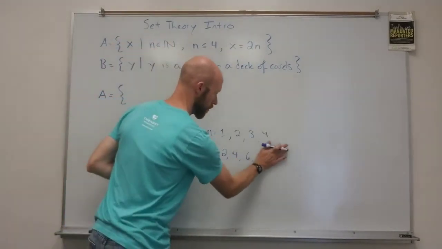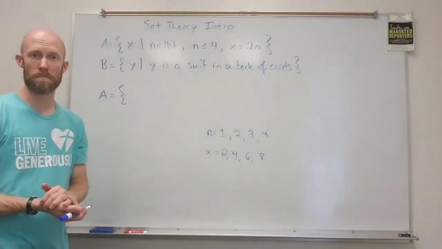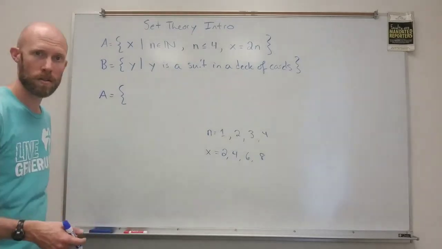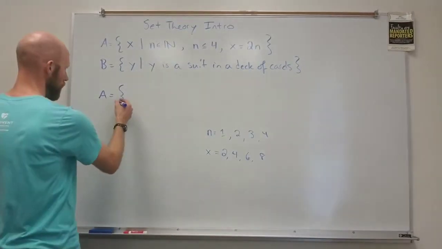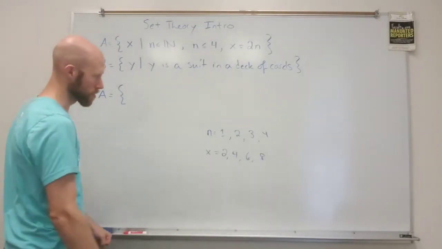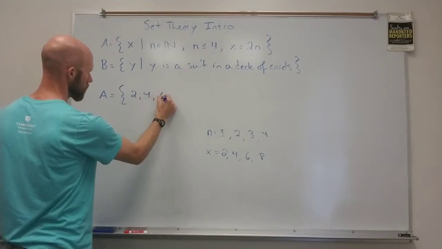Right? So I get the numbers 2, 4, 6, 8. Those are the even numbers, less than 10, basically. Well, even natural numbers, I should say, not including 0.